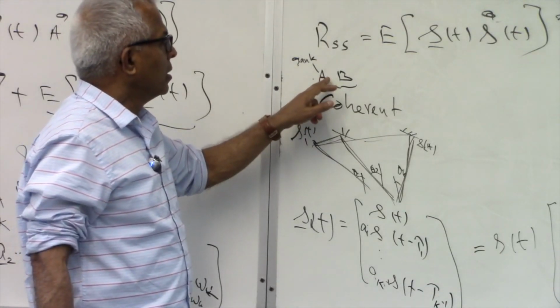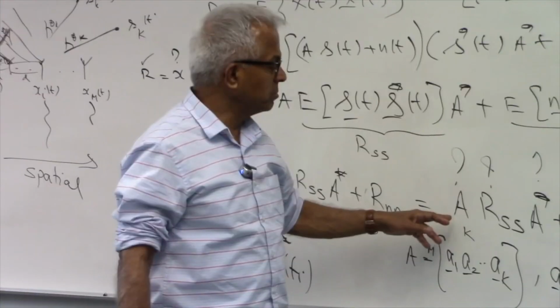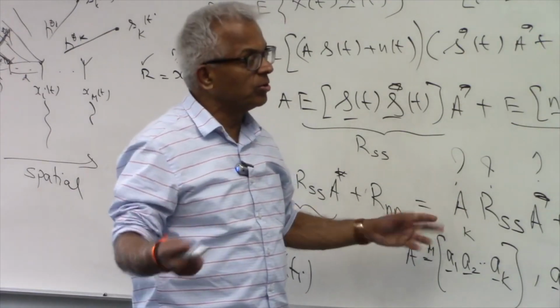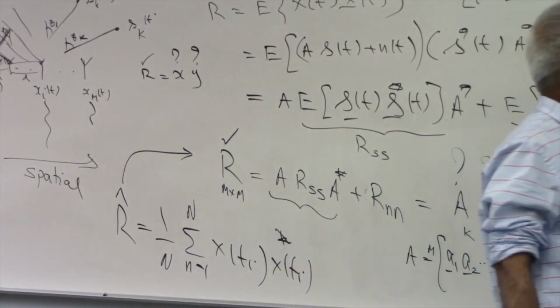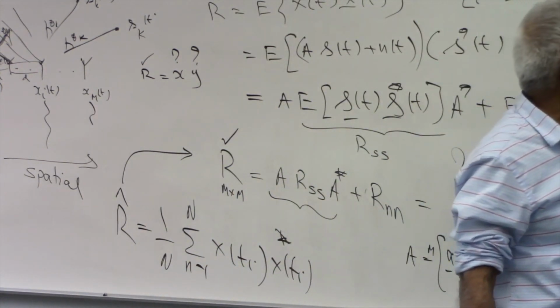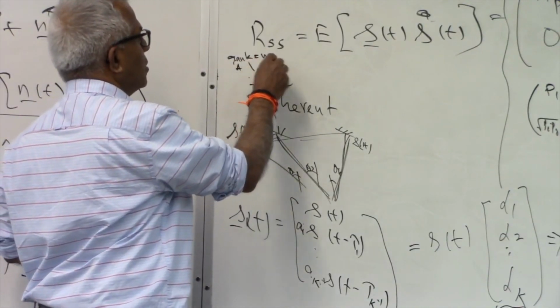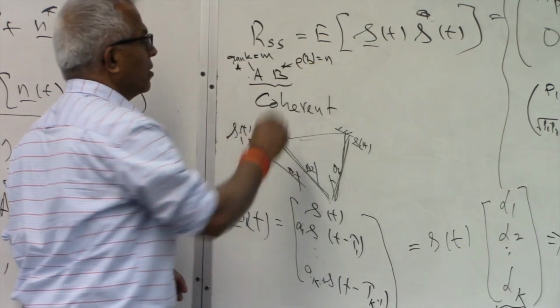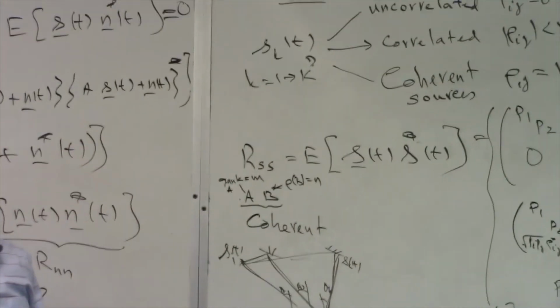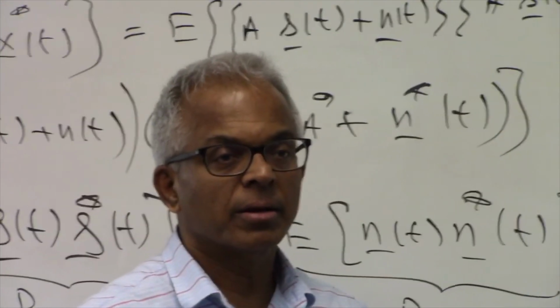First of all, the trivial inequality: the rank of the product is less than or equal to the minimum of M comma N, if the rank of A is M and the rank of B is N.